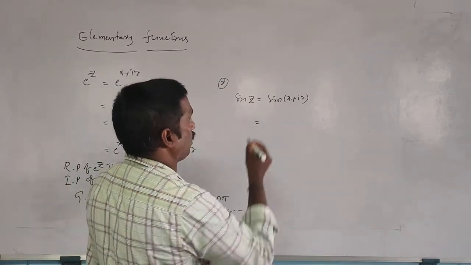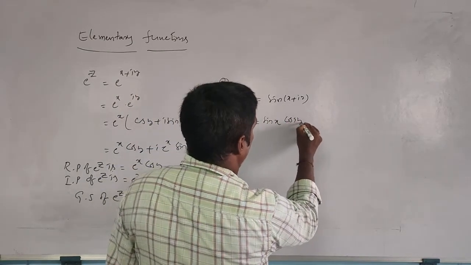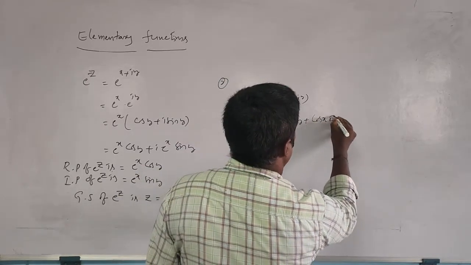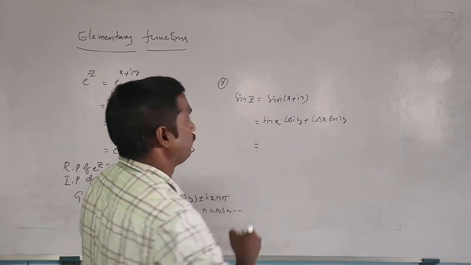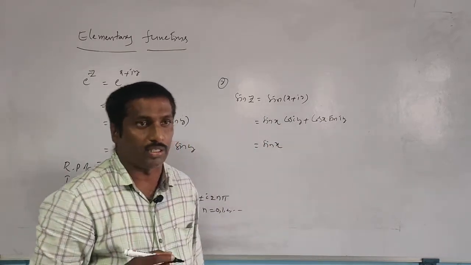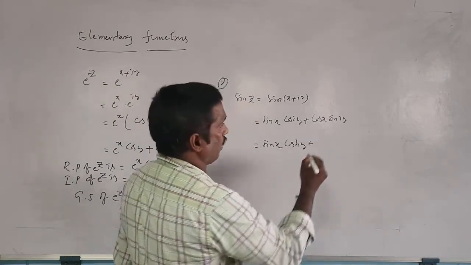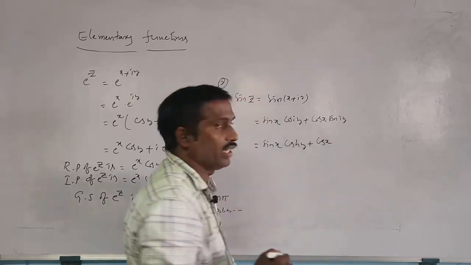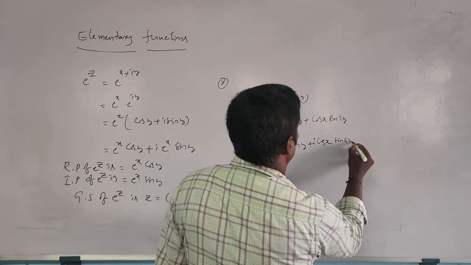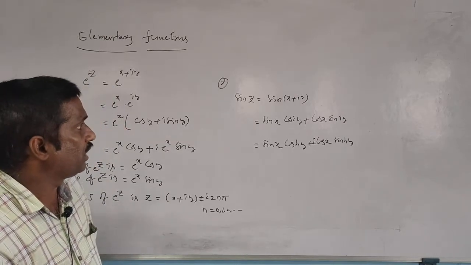That equals, write the compounding formula, sin(x + iy) = sin x cos(iy) + cos x sin(iy). That equals sin x into cos(iy), which can be written simply as cosh y, plus cos x into sin(iy), which gives the formula i sinh y.